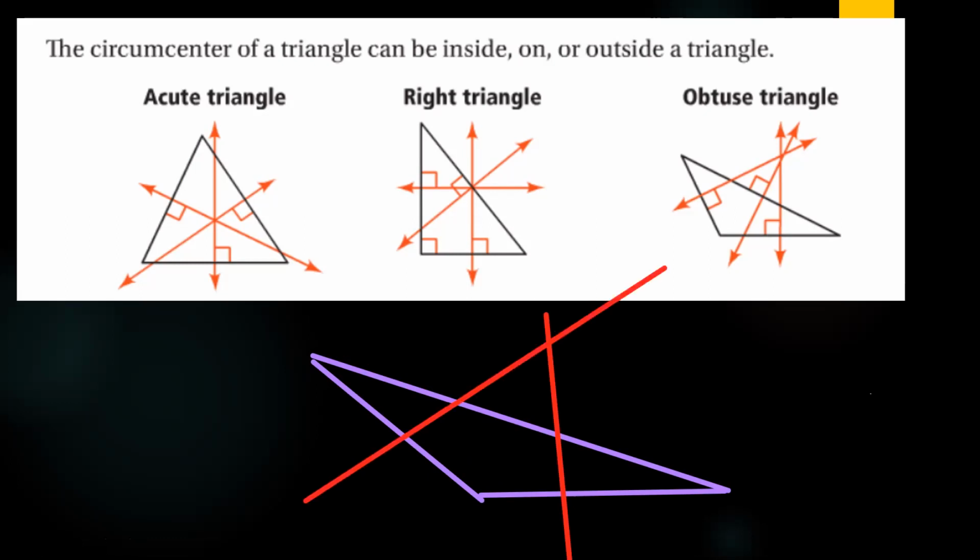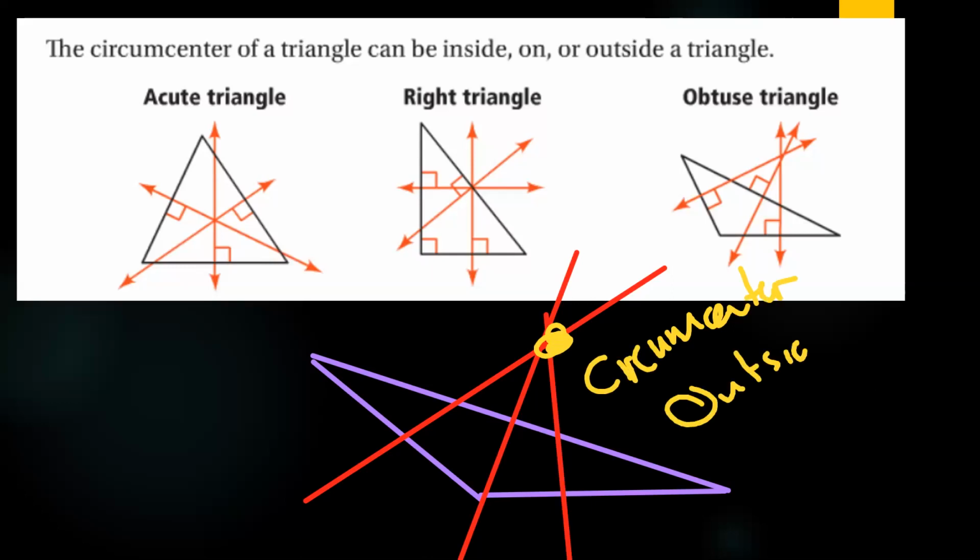It could be like this one. They are perpendicular. And for the last one, they are perpendicular like this. So it means that this point here, which is the circumcenter, is outside the triangle.